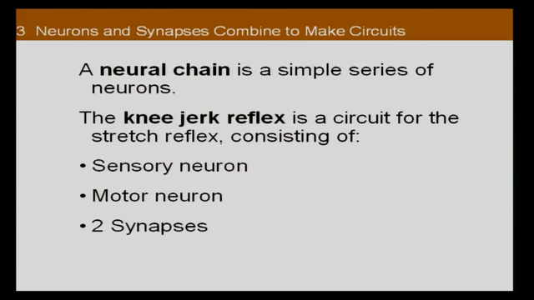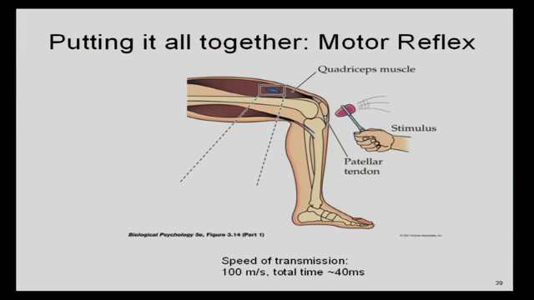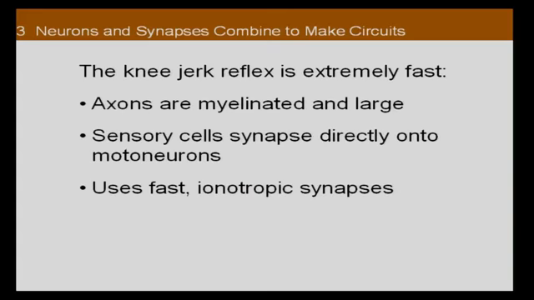This knee-jerk reflex consists of one sensory neuron, one motor neuron, and two synapses. That's all. So let's look to see how these three elements, sensory neuron, motor neuron, and two synapses, in 40 milliseconds can allow our knee-jerk reflex to happen.